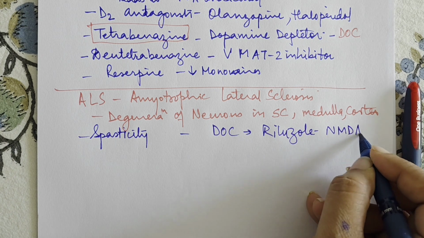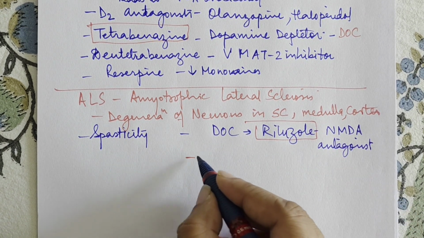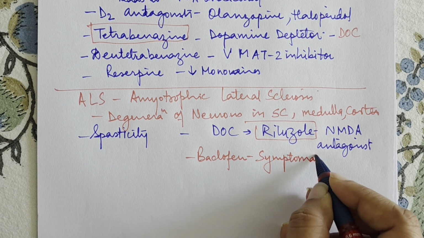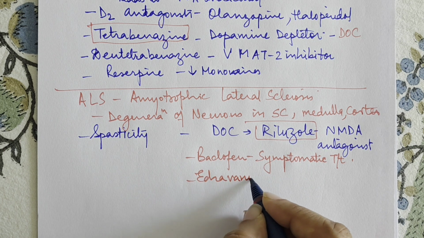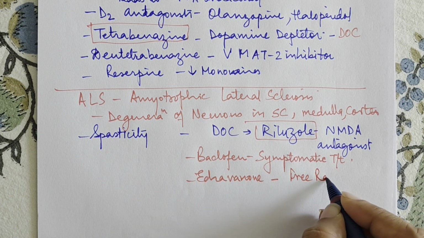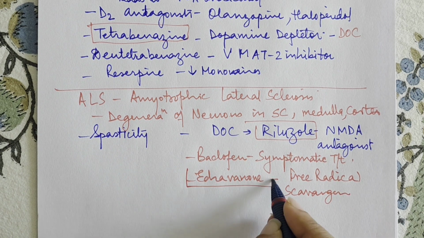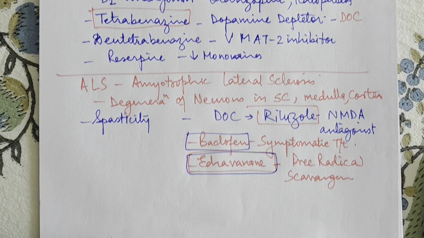This is an NMDA antagonist. So this is the drug which is used in amyotrophic lateral sclerosis. Baclofen is also a drug for symptomatic treatment. And then there is another drug, edaravone, a free radical scavenger, also recently approved in ALS. Edaravone, baclofen and riluzole. These are the drugs used in ALS.